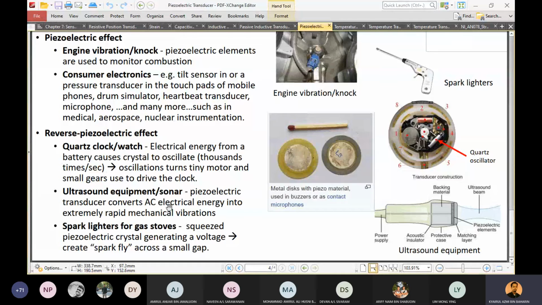And for ultrasound equipment, we can use piezoelectric to convert an AC electrical signal into mechanical vibration. And this one is quite common, spark lighters for gas stoves. We squeeze a piezoelectric crystal, generating a voltage and creating a spark across a small gap to light up your stove to cook.